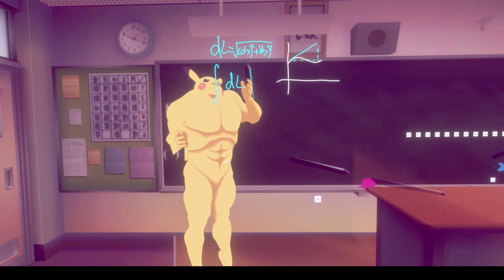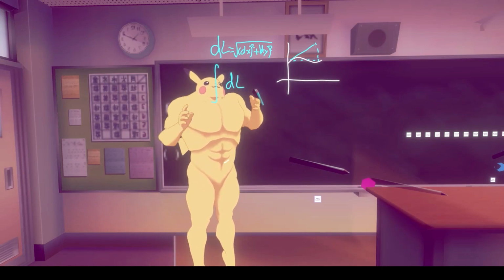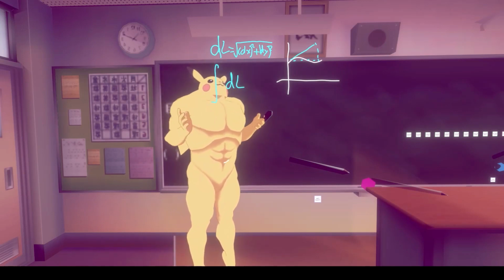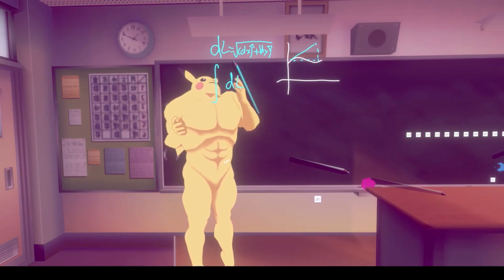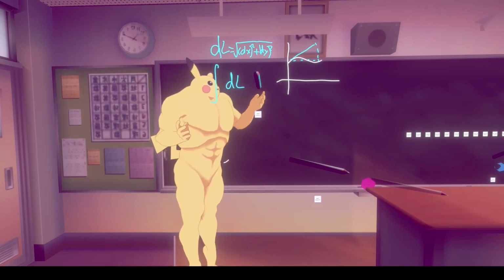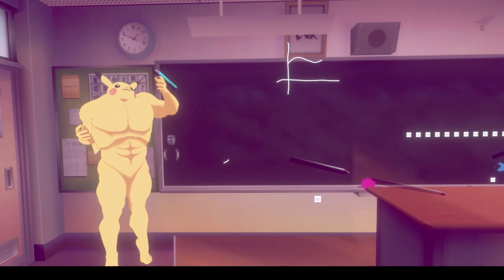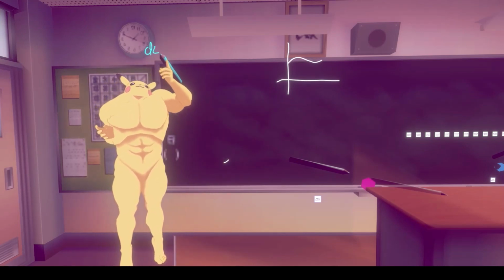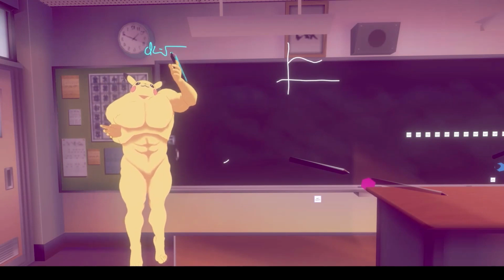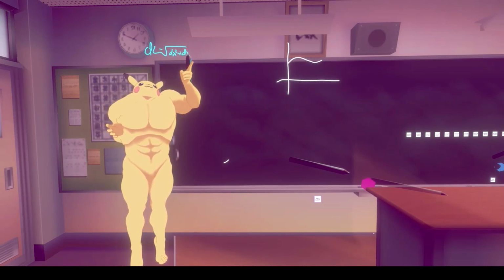But this time, we're solving for the x. And if you get the opposite situation, all you have to do is switch the places of the x and the y. So let's do that. And just rewrite the dl as square root of dx squared plus dy squared.